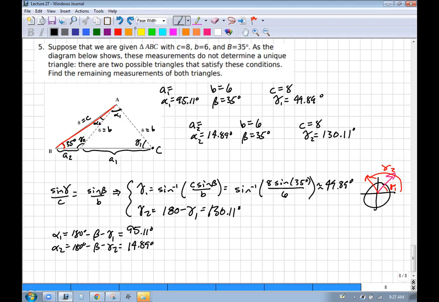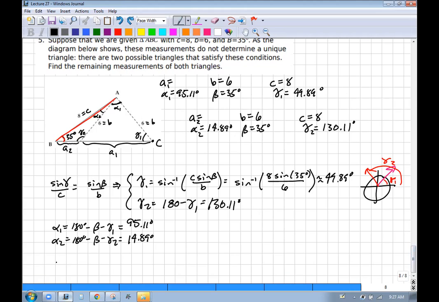All right, now we just need to figure out our A's. We have 3 out of 4 pieces of information. We can use the law of sines, right? Sine alpha 1 over A1 equal to sine beta over B. Now I should write it upside down. A1 over sine alpha 1 is B over sine beta. So A1 is B sine alpha 1 over sine beta.